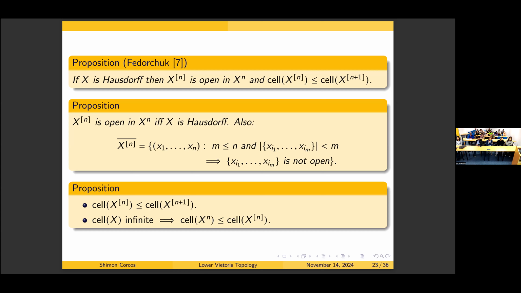What we were able to show, after we had to sort through quite a few finicky details, is that whenever the cellularity of X is infinite, then indeed we do have the cellularity of the nth power being at most the cellularity of the augmented nth power. And this is not just when our map J hat is open, but this is true in general.